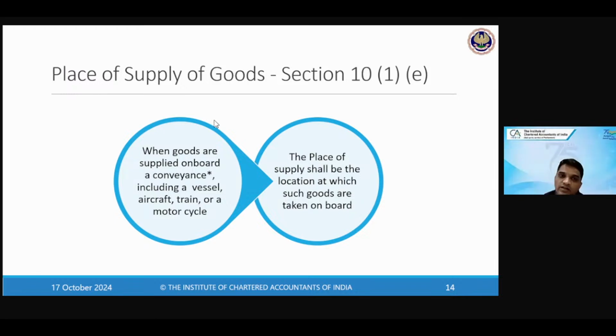You have to understand that this is not in relation to the person who is receiving the goods, but where the goods are getting loaded. The place where they load the goods, that place will become the place of supply. Got it? So that is all in respect of place of supply of goods.